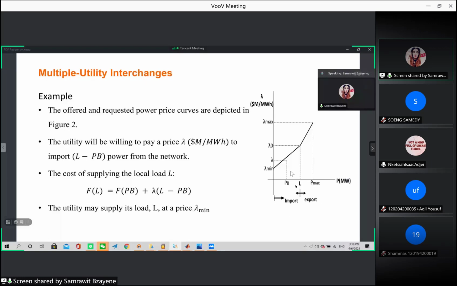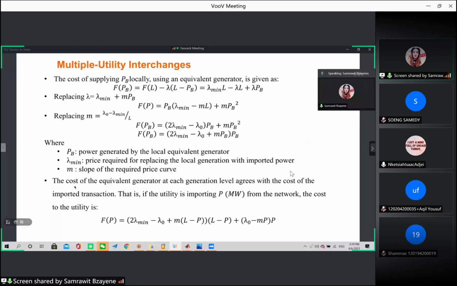When you are saying the load, the marginal cost is with it as a level of importing or exporting power. So the cost of the equivalent at each generation level agrees with the cost of the importing, that is, the utility is importing P, which is the power from the meter.